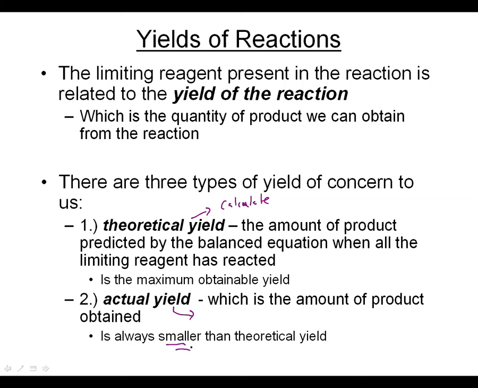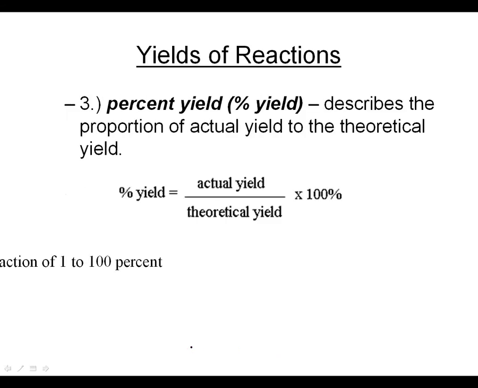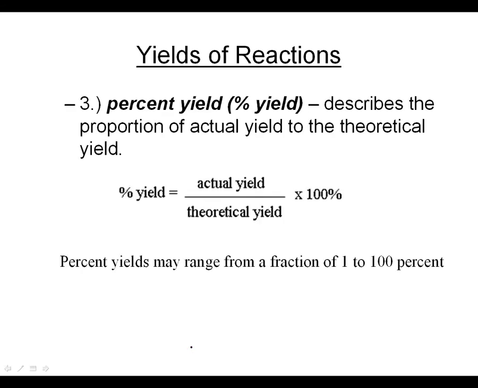So usually your actual yield should be less than your theoretical yield. And what we do with these is we put them together and we often calculate what is known as the percent yield, which is the actual yield, which in most problems is given to you in the problem, divided by the theoretical yield, which is usually what you have to calculate, times 100. That gives you your percent yield. Closer to 100%, really good.